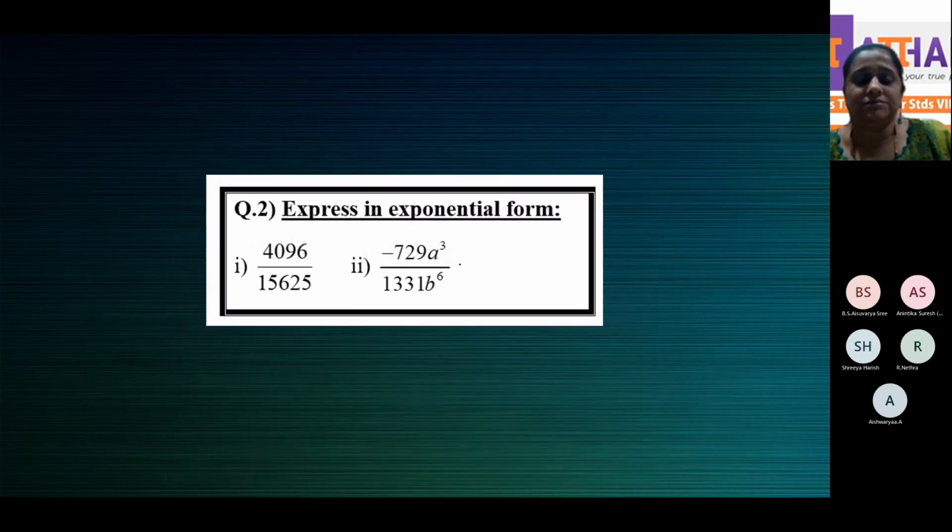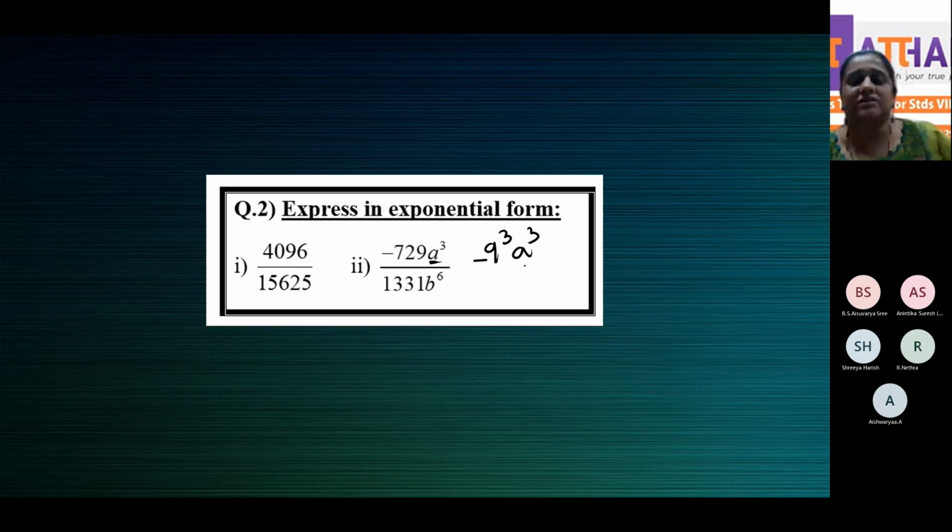Now for the second one. 729 can be written as 9 cubed. I'll show you the working. a cubed is already a to the power 3, but it's minus 729.